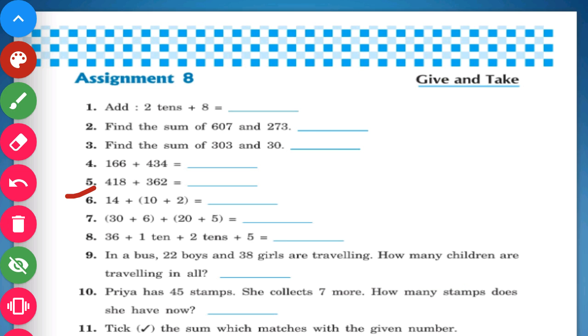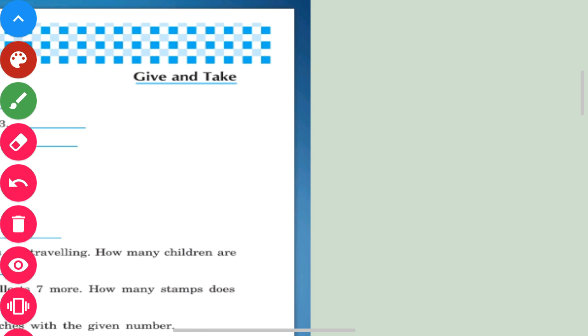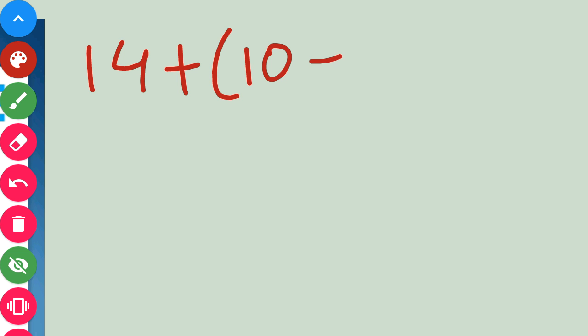Question number 6 is also based on properties of addition. It deals with the rule of regrouping. So here we have 14 plus (10 plus 2), and bracket close.